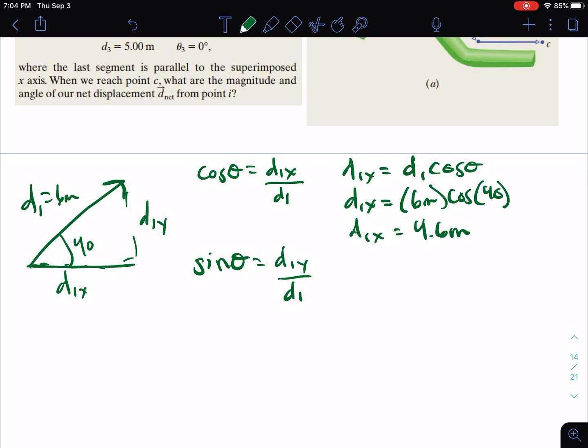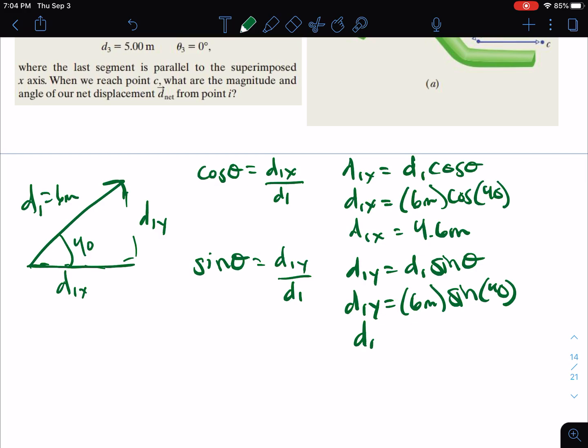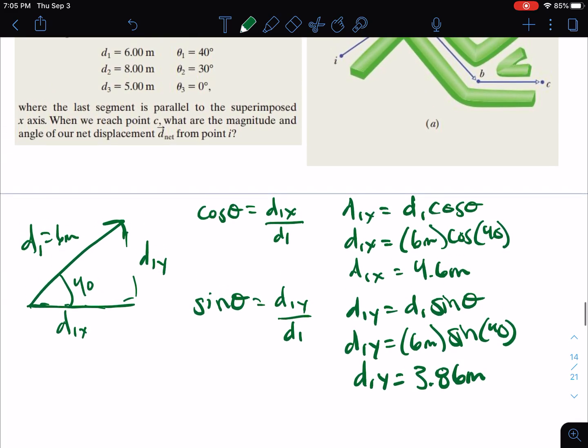And then multiplying D1 times both sides, we get D1y equals D1 sine of the angle. Plugging in our numbers, we get 6 meters times the sine of 40 degrees. We get D1y is equal to 3.86 meters. All right, so that's our first displacement.